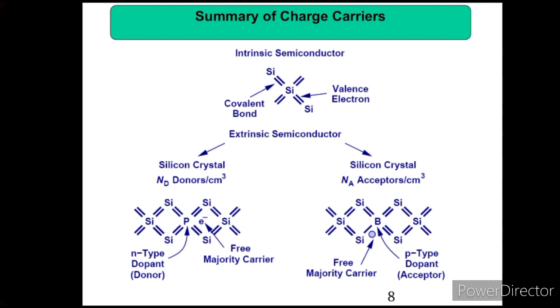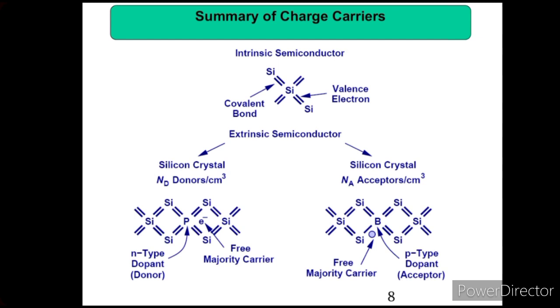Another type is where boron, a trivalent impurity, is added to the silicon material. We already see silicon has 4 valence electrons in the outermost shell, and boron has 3 electrons in the outermost shell.